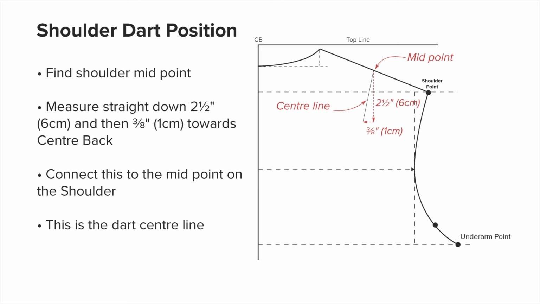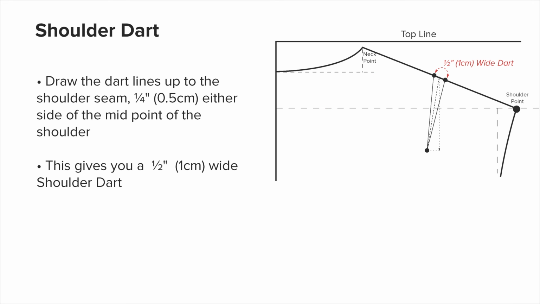This is the dart centre line. The shoulder dart. Draw the dart lines up to the shoulder seam, 1/4 inch, 0.5 centimetres either side of the midpoint of the shoulder, giving you a 1/2 inch, 1 centimetre wide shoulder dart.